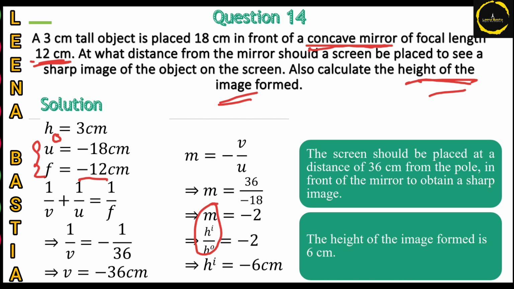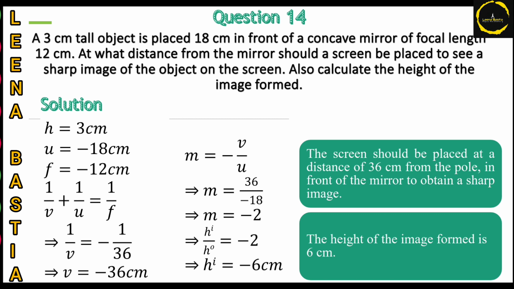So we have to calculate the magnification value. Then we can use this HO value as well to get the height of the image. For that we need another formula of magnification, and because of that we are calculating v as well. I hope it is quite clear how you are proceeding.